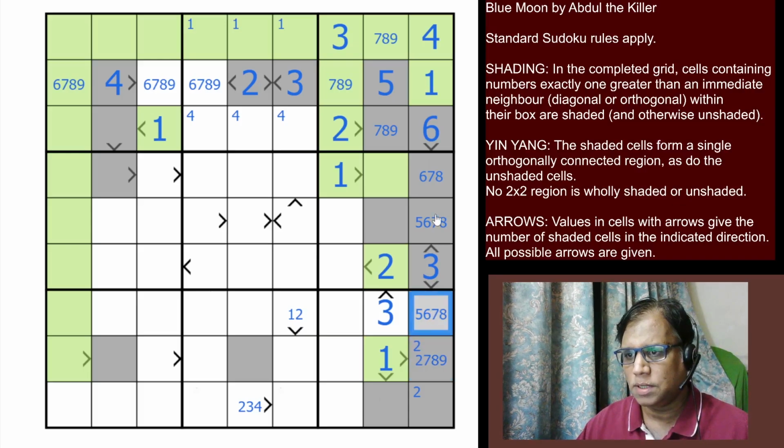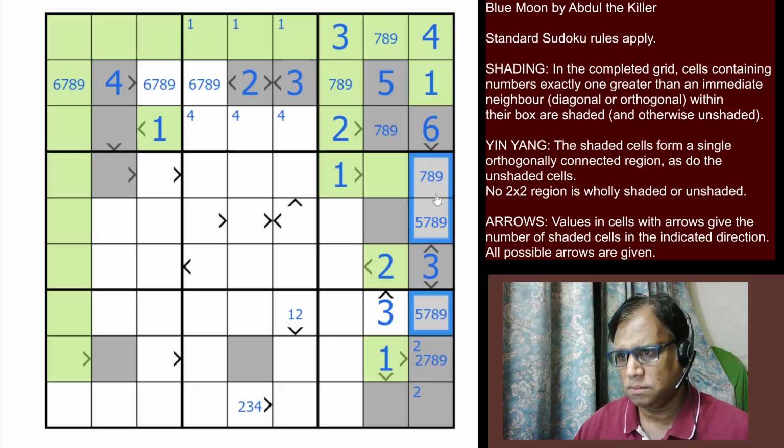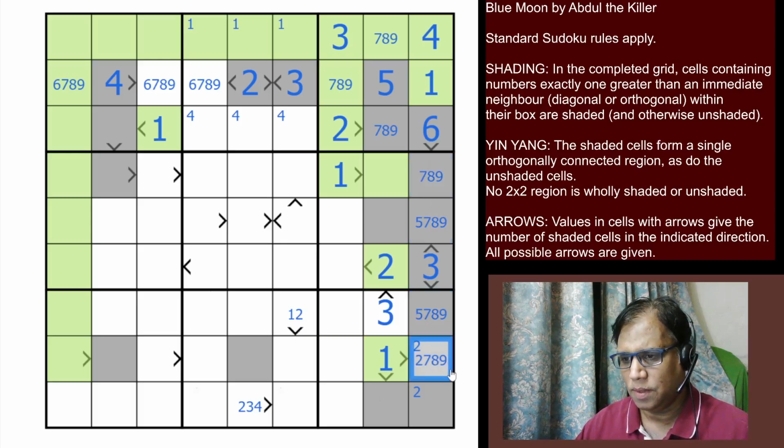Sorry, instead of 6, I should remove 6 and I should put 9. So that can't be 5. That can't be 5. 1, 2. Okay. What is next?